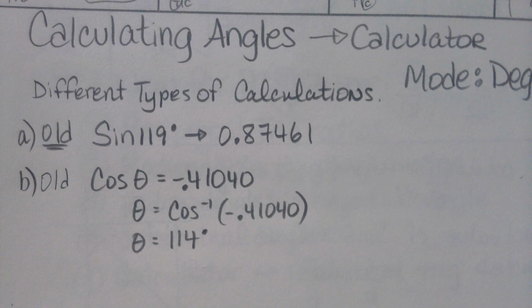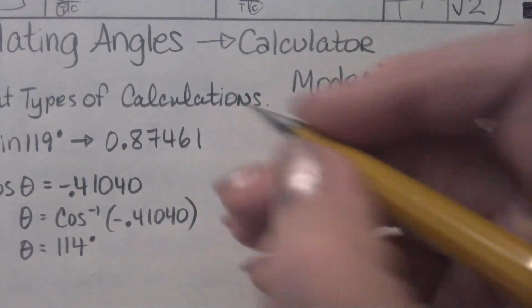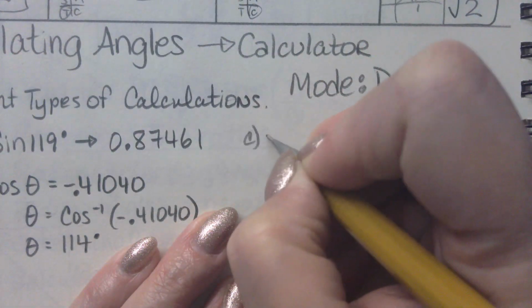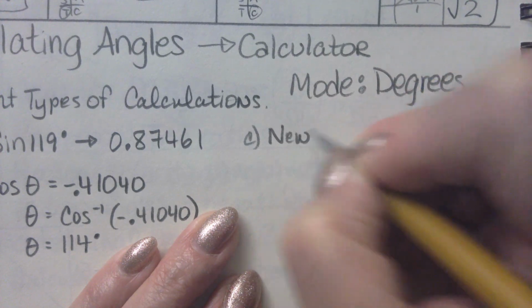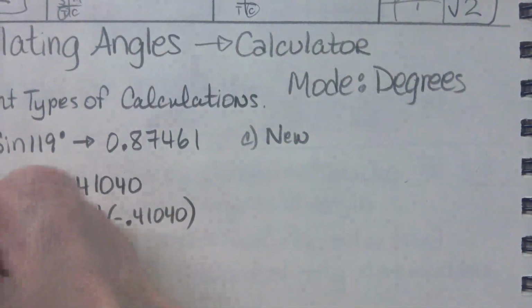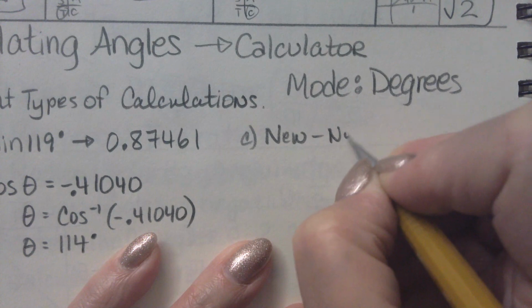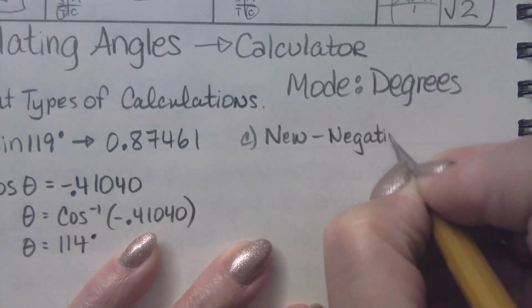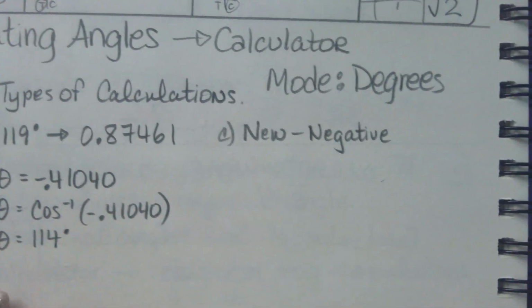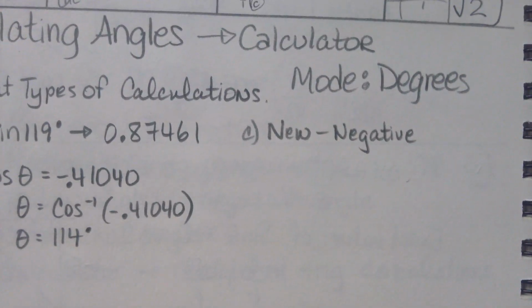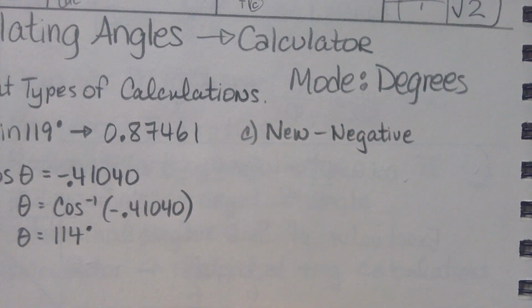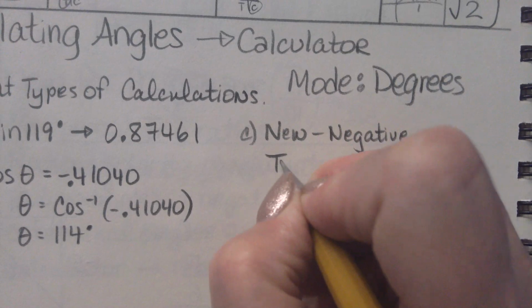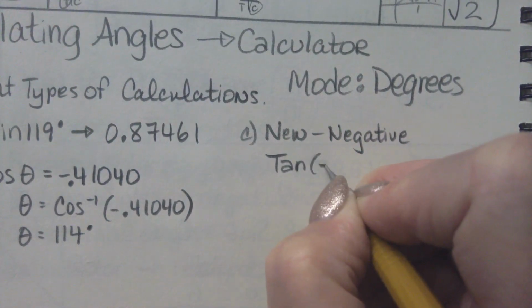The first one would be negatives. Here's C. New. What happens if I got a negative? Do you think it's going to change what I do? No. So that could be something like tan negative 242.